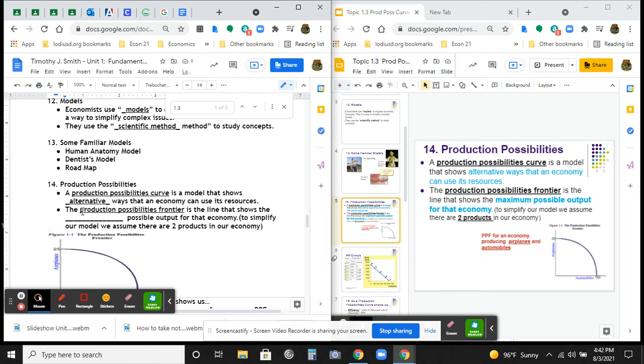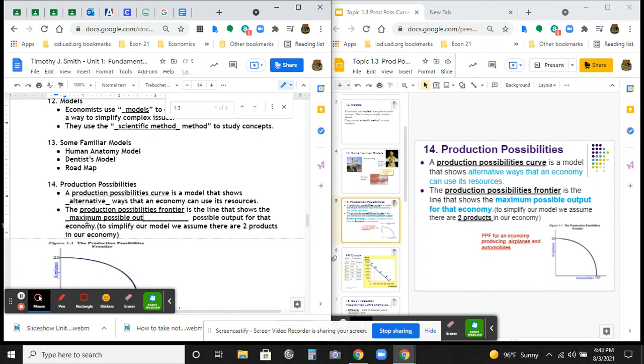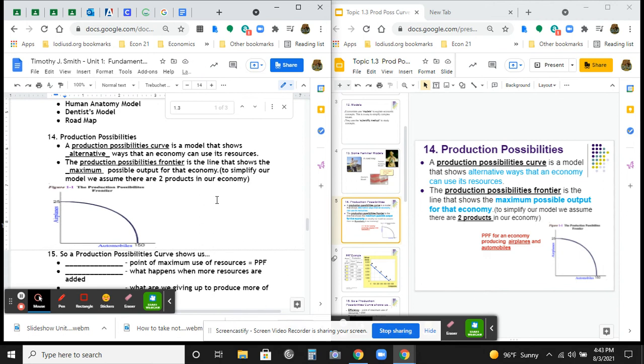The production possibilities frontier is the line that shows the maximum possible output for an economy. So this is a perfect dream world. To make it simpler, we're going to just look at two products in a society.